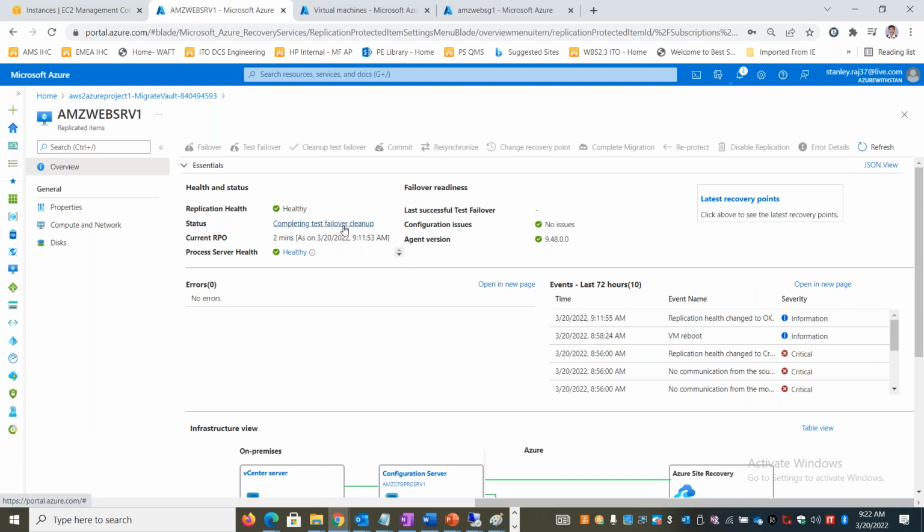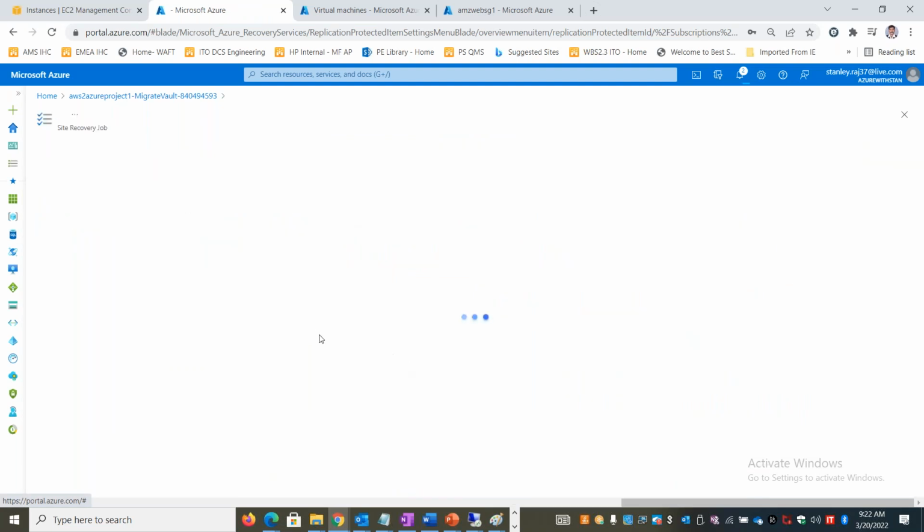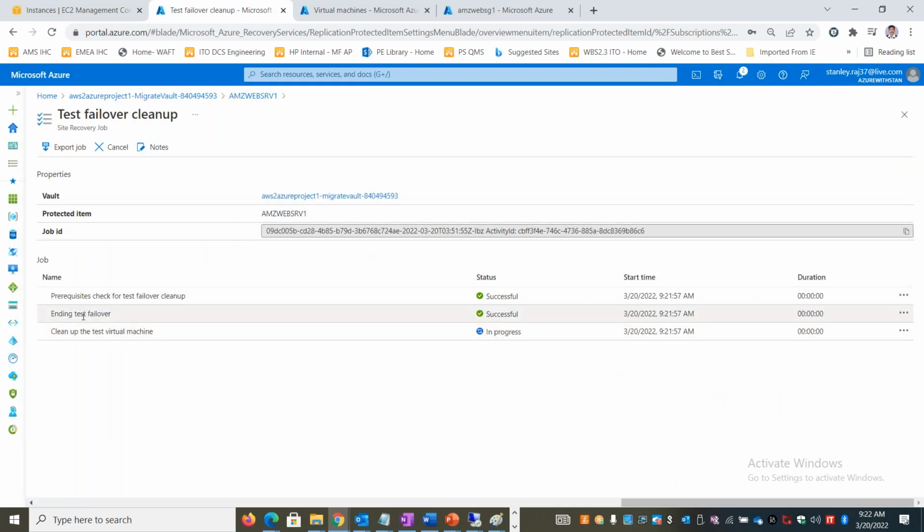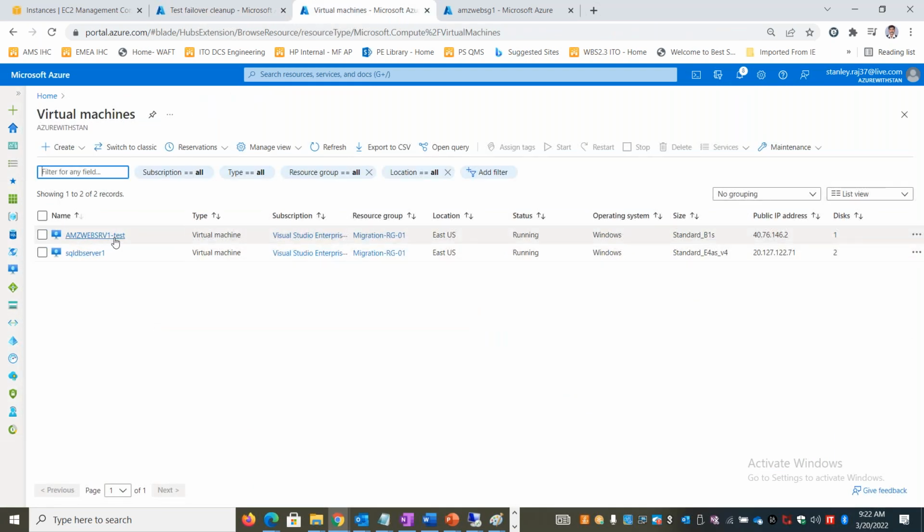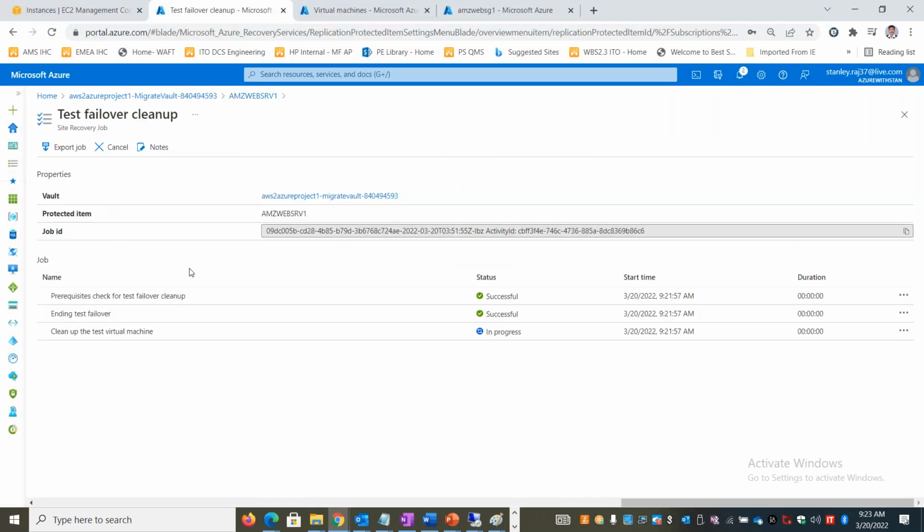Okay, now completing the test failover is going on. So it will go and delete the VM. So you can see that it is ending the test failover and cleaning up the test VM. Now if I go and refresh it, this VM will disappear. Okay, you can see that it's still there. Let's give it a minute. I think it has not started. The cleanup is just in progress.